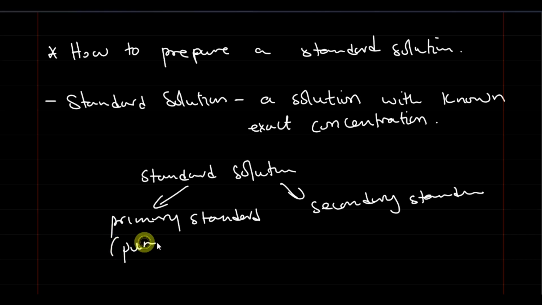Okay, pure substance. So usually the primary standards are the ones that are bought from labs, such as Sigma Aldrich and other chemical companies. And then this secondary standard, they're going to use the primary standard to do what? To create a secondary standard.